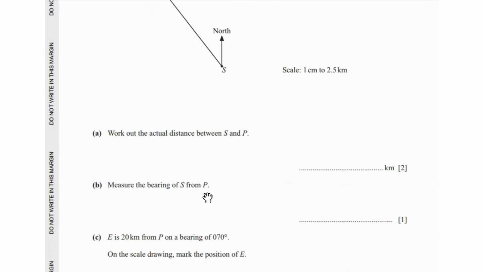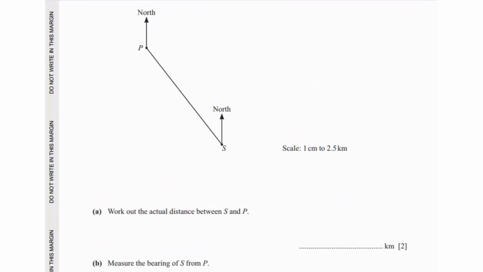Then measure the bearing of S from P. So for the bearing, you will take your protractor and measure this angle over here. You always measure it from the point they're saying that the bearing is from. So since the bearing of S is from P, you measure the angle from P. You start measuring from the north of P in a clockwise direction.